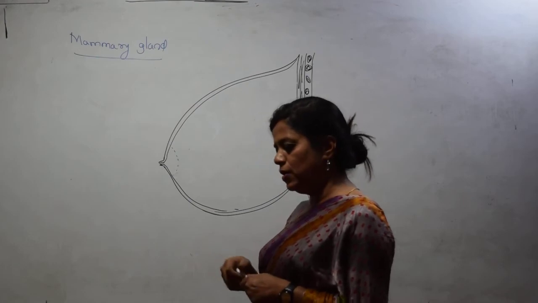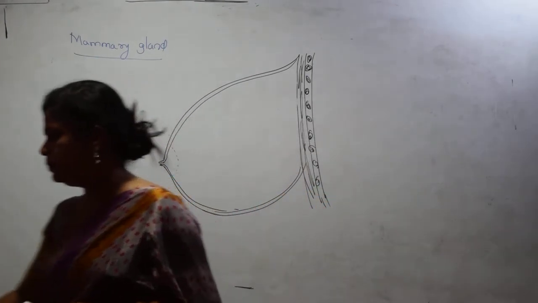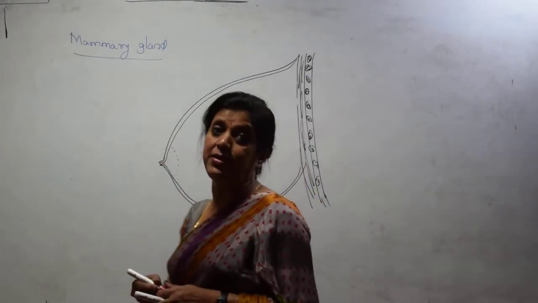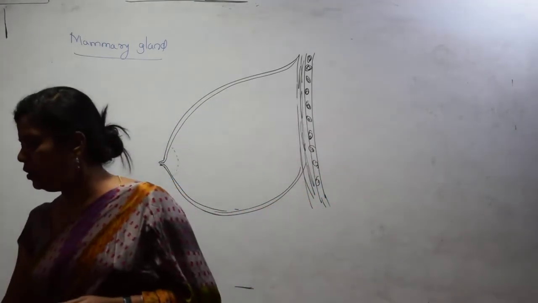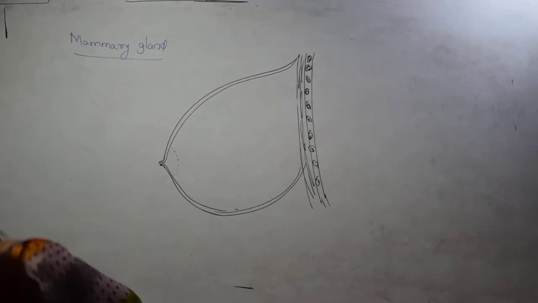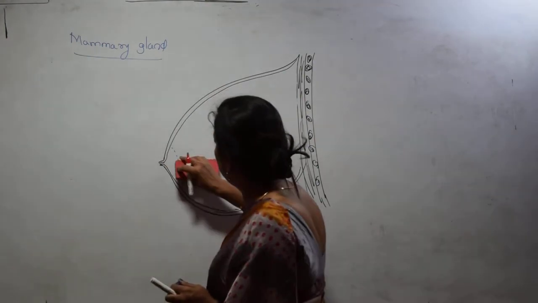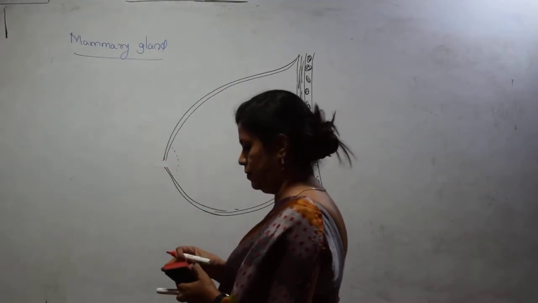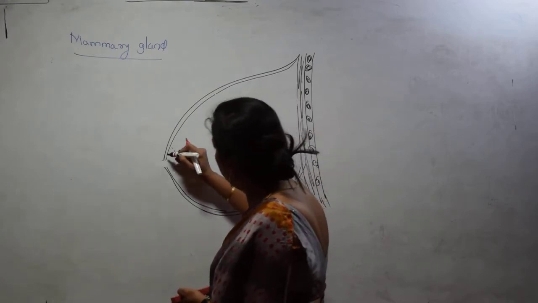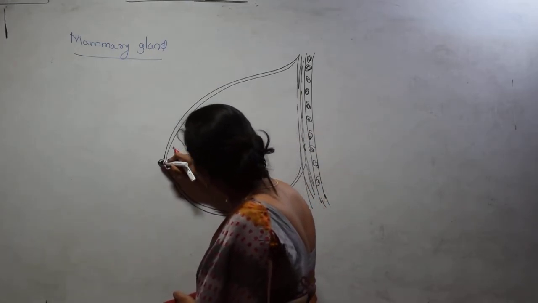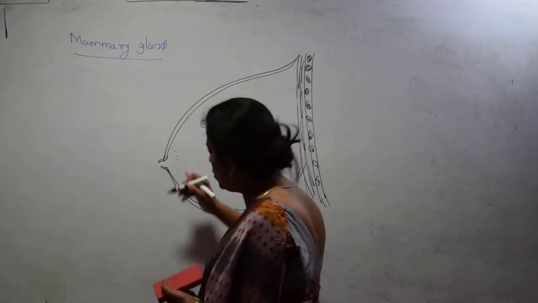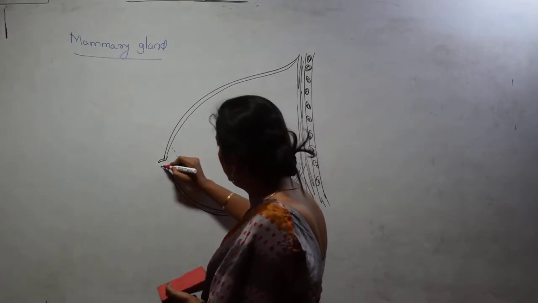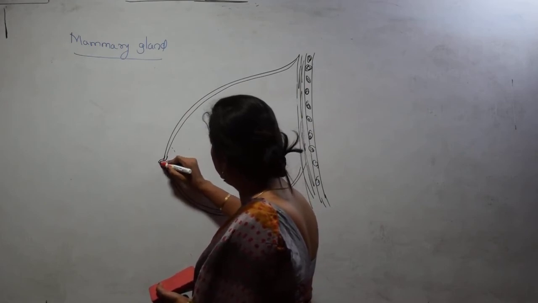Now in this I will draw small lactiferous ducts. There are two lactiferous ducts. Whenever you are drawing, remember that you will have to draw it properly. So here, let me draw two lactiferous ducts.